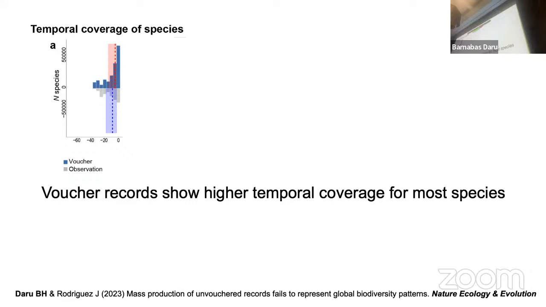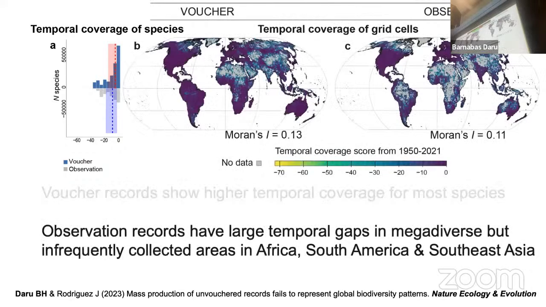And when we compare this across geographic space, we found that observation records tend to have larger temporal gaps, especially in megadiverse and infrequently collected regions like Africa, South America, and Southeast Asia. Most of these regions tend to have large collecting gaps, meaning there's a huge time span between when one specimen was collected and the next, providing opportunities for guiding collecting efforts in those regions.